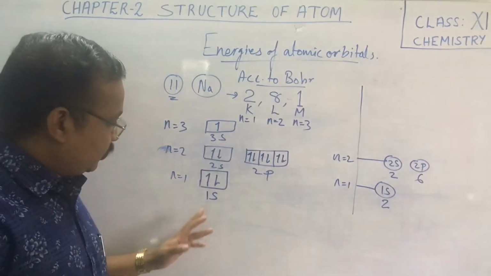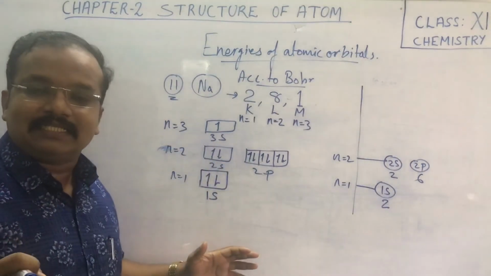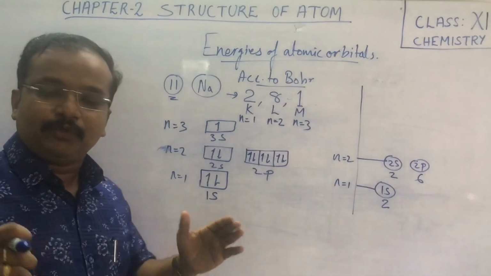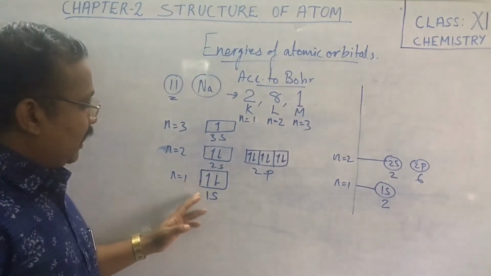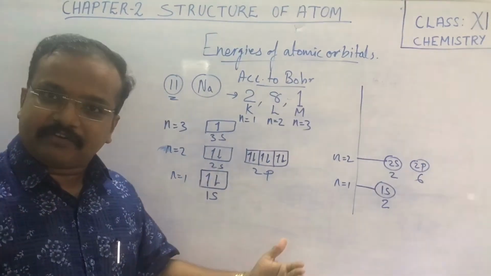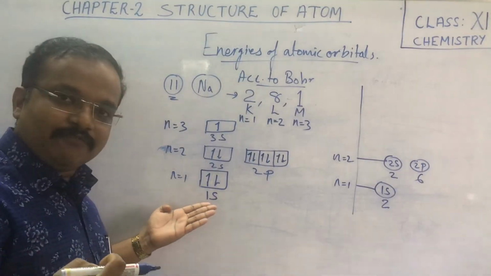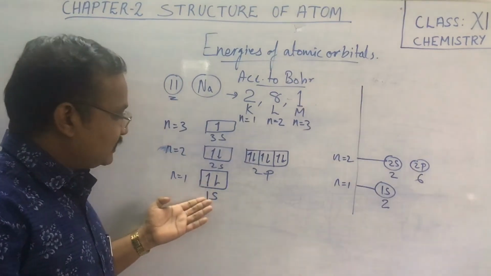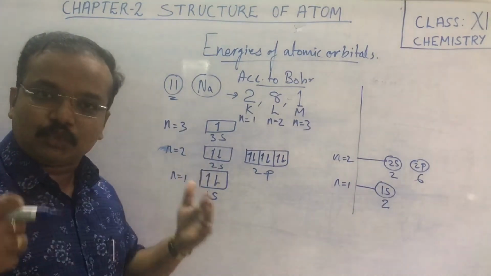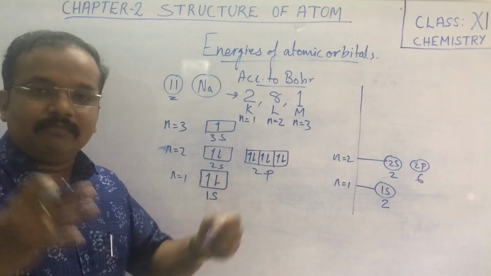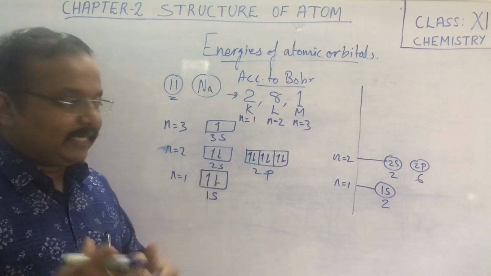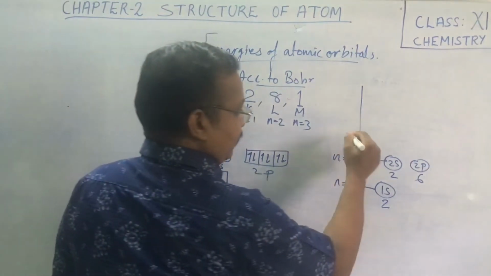Now children, you understood that an s orbital has the capacity to accommodate 2 electrons only, that we have already studied, and s orbitals can be of different types: if it is in the first energy level, that is 1s, in the second energy level, that is 2s, and in the third energy level, that is 3s.